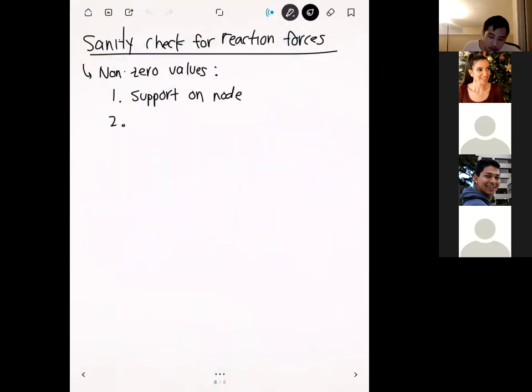And so the other case where you get a non-zero value is if you have a load that's being applied on that node. Okay. In fact, the reaction force that you compute on the loaded node should equal exactly the load that you're applying.